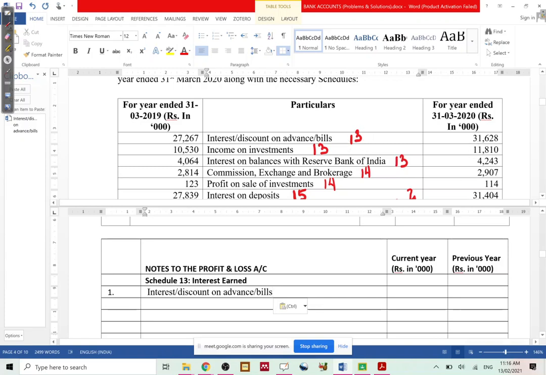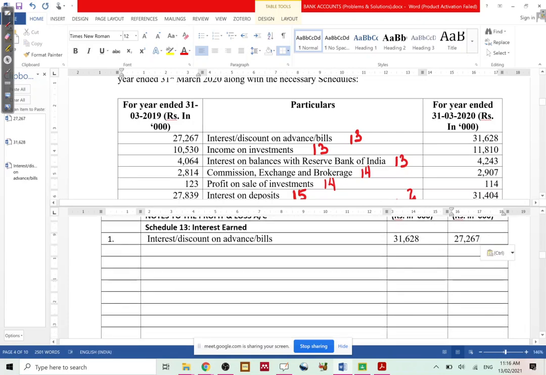What is the amount for the current year? This is your current year, the year ending 31st March 2020. And the amount for the previous year is 27,267, for the year ending 31st March 2019.